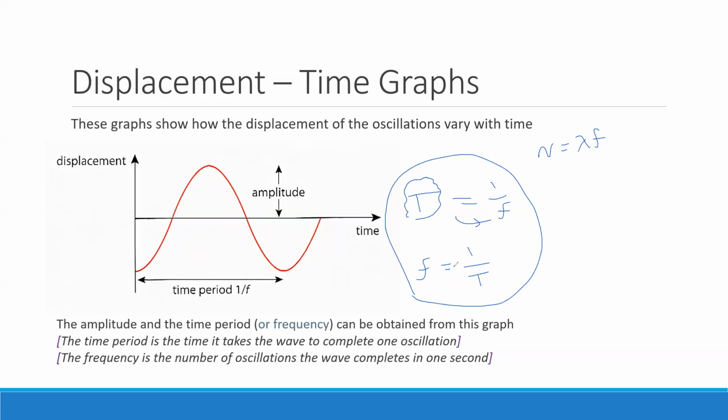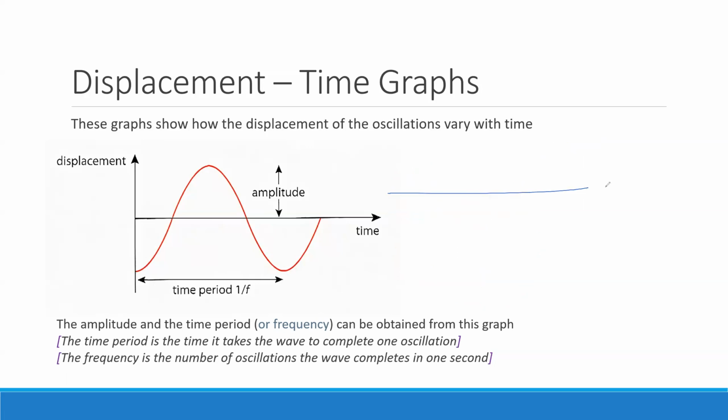So yeah, frequency is the number of oscillations that occur per second, meaning if you had, let's say, this much of a wave progress in 1 second, what's the frequency? Well, the frequency is the number of oscillations per second. And how many oscillations? I have 1 oscillation plus half an oscillation.